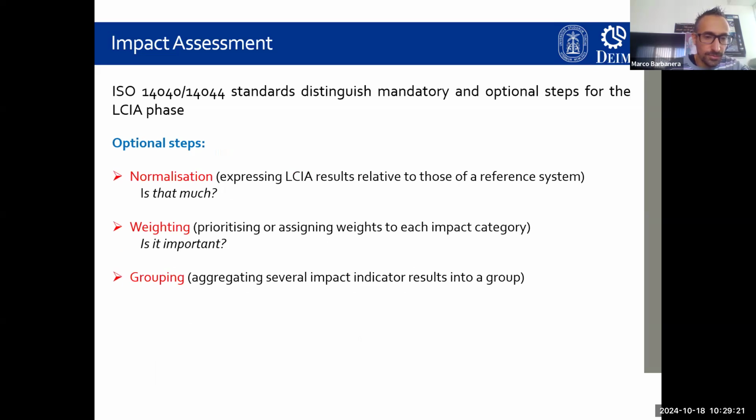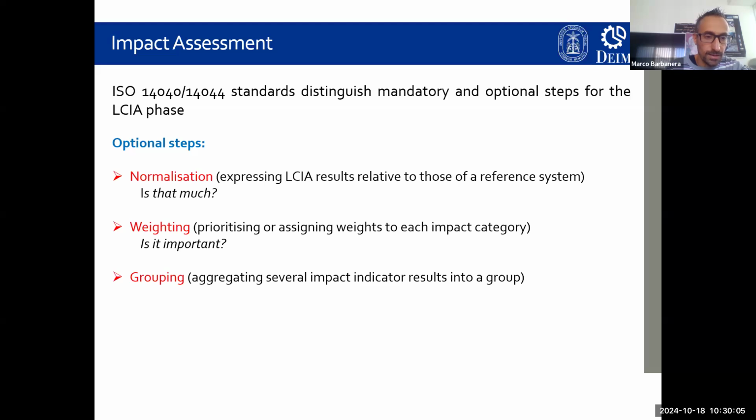These steps are useful to obtain a final single environmental score. With this score, we can compare different products in terms of their environmental sustainability. The idea is to use a reference scenario for the normalization step, by which we can convert our results into values without a specific dimension, without a specific unit.